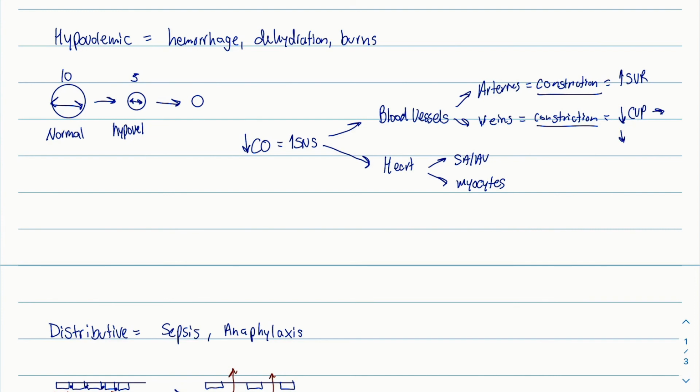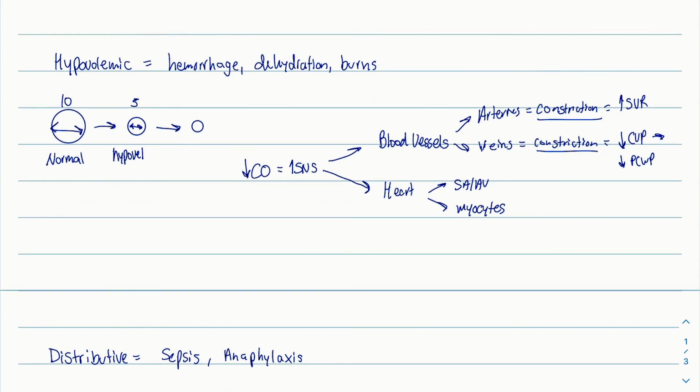And so the pulmonary capillary wedge pressure will be reduced. So we have a reduction in both the central venous and the pulmonary capillary pressures. In the heart, a similar phenomenon will occur in that there's going to be beta stimulation, and so we're going to have an increase in heart rate and an increase in contractility. That aspect pretty much doesn't change.